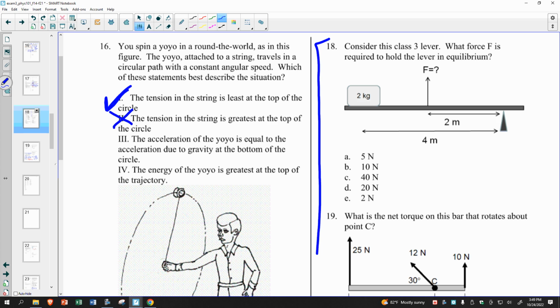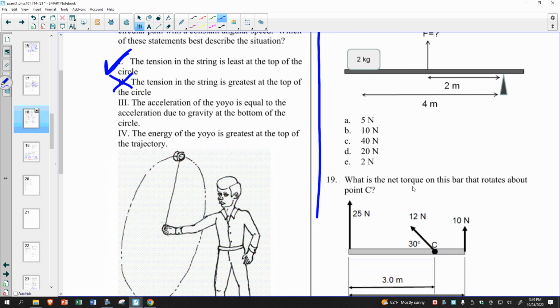Not true. The tension is actually greatest at the bottom of the circle. The acceleration is equal to the acceleration due to gravity at the bottom of the circle. That's not true either, because the acceleration also includes your centripetal acceleration at the bottom. And the energy of the yo-yo is greatest at the top of the trajectory. That is true.